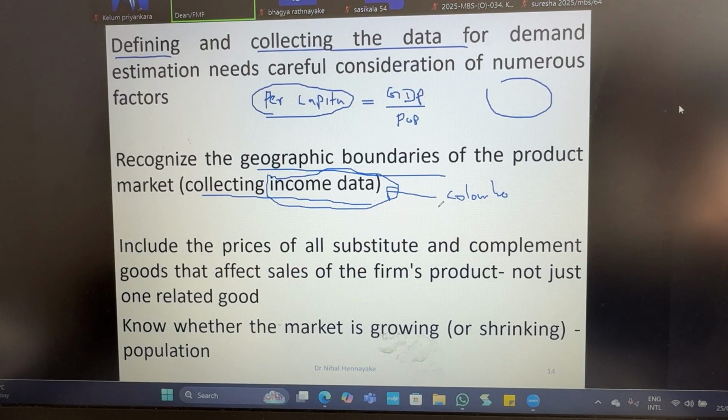Those data are available. Provincial income you can get from the Central Bank report or the Census and Statistics Department. They calculate those. So it is very important to recognize certain geographical boundaries to do your research.